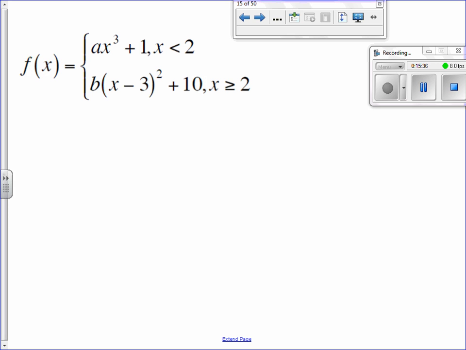Same directions here. We have to find the values of a and b that make this piecewise function differentiable, which implies it makes it continuous also.